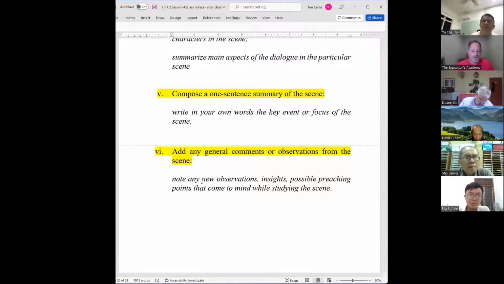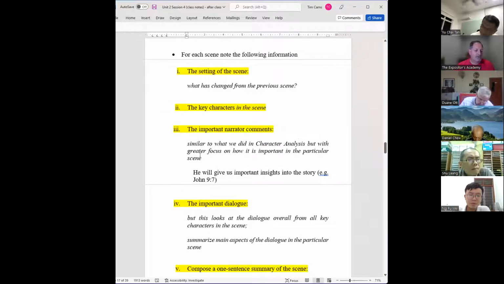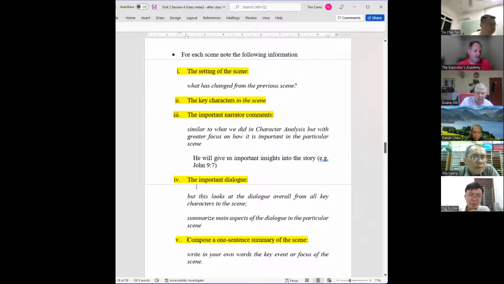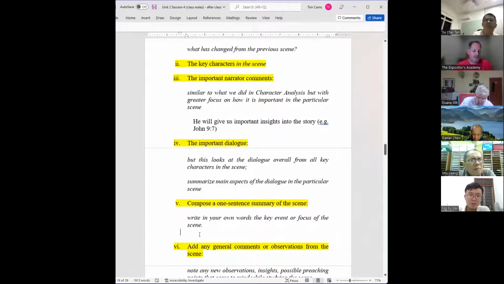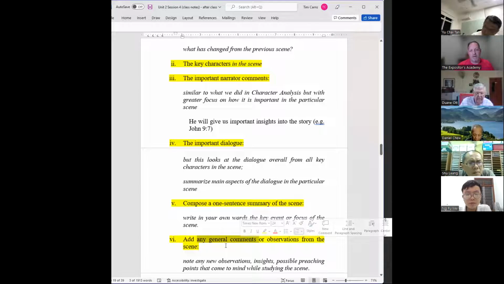So those are the six particular features of the scene that we want to give attention to in scene analysis: the setting, the key characters, important narrator comments, the important dialogue, a summary of the scene, and finally any observations that come to your mind as you go through the scene.